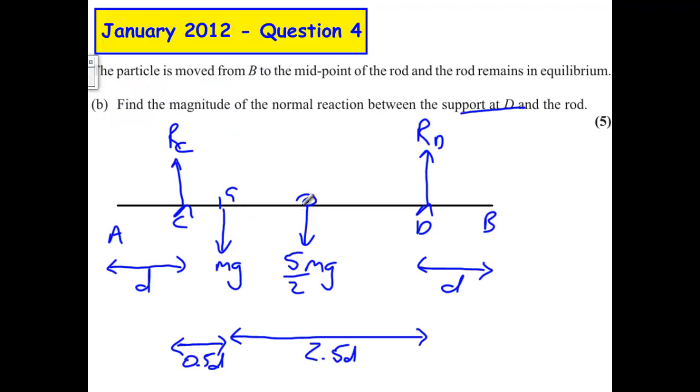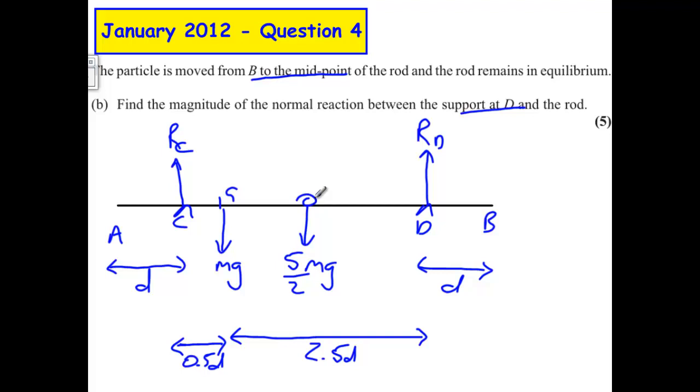And I'm also going to have the force of the particle acting. Now this is 5/2 mg, and because this is halfway along the rod, and this distance is d and the total length is 5d, the distance between C and this particle must be 1.5d, because it tells us that it's placed at the midpoint of the rod.